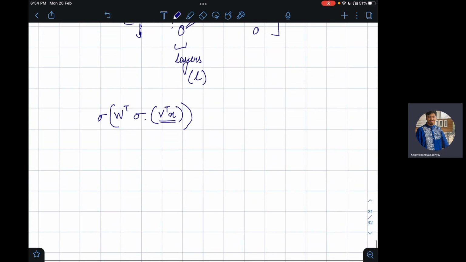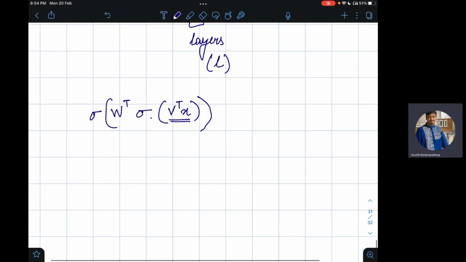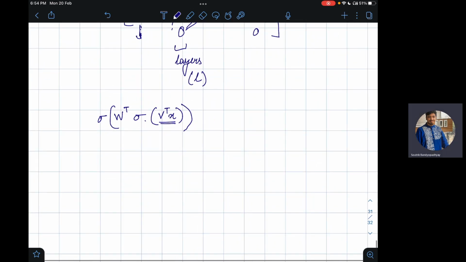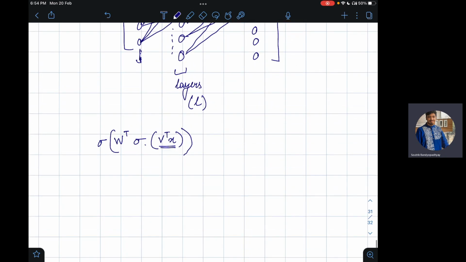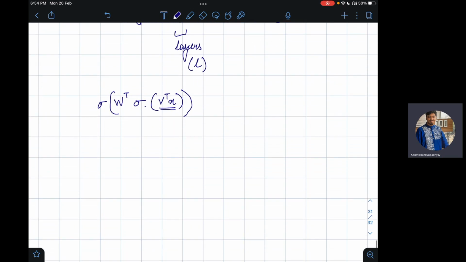The complexity would be increasing, obviously, but the power of neural networks comes when you stack multiple of these layers together. How many you stack is completely dependent upon you, and how many neurons you connect is completely up to you. So this is a general purpose representation of a neural network, or specifically the mathematical representation of a neural network.